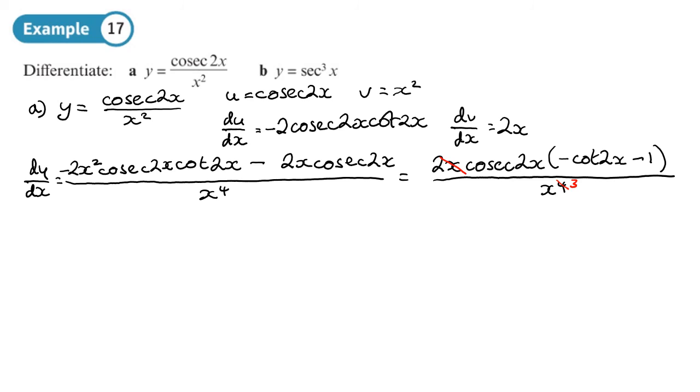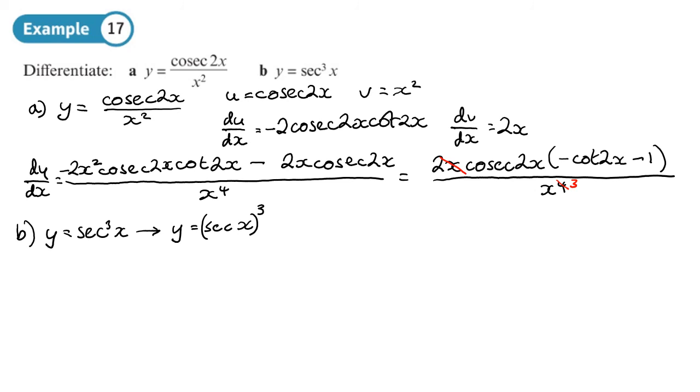Part B, we have y equals sec cubed x. So remember, the first thing we want to do is to write it as y equals sec x cubed, so that we can use the chain rule.